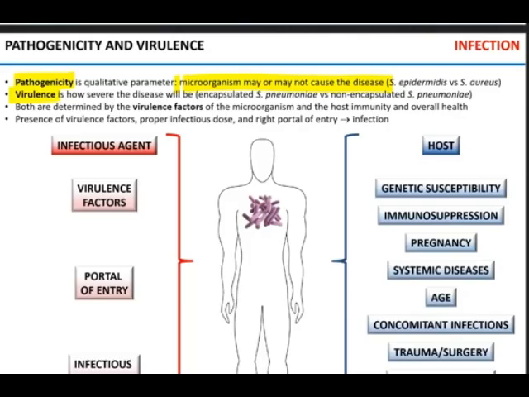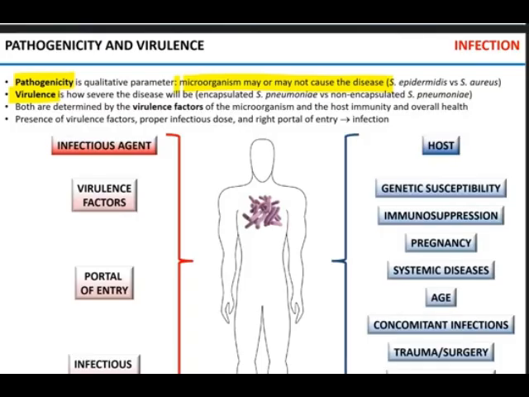Virulence is the comparative parameter that shows how severe the disease is. Does that make sense?